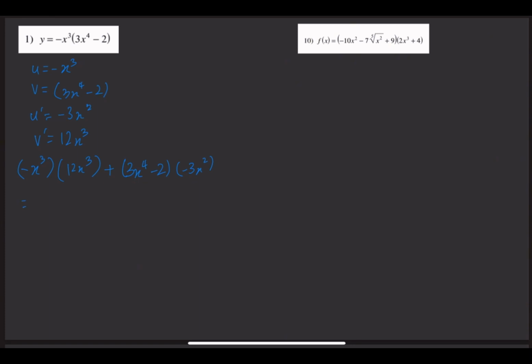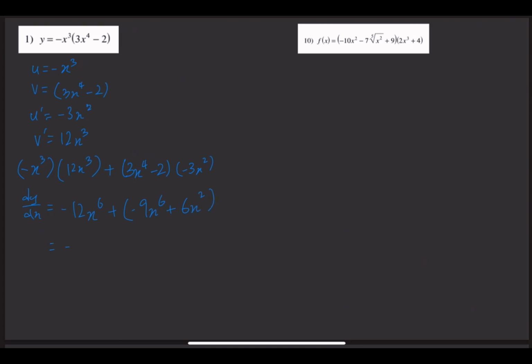What this gives us is dy/dx equals negative 12x to the power of 6 plus negative 9x to the power of 6, negative positive.